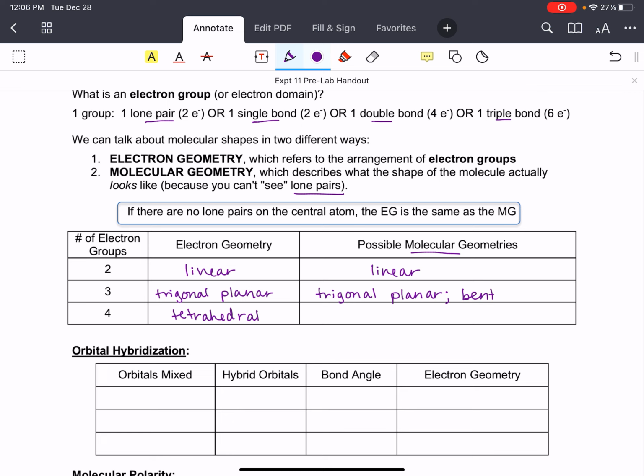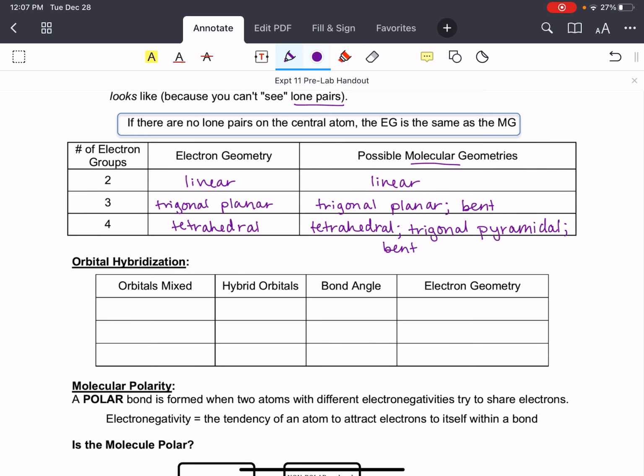When you have a tetrahedral electron geometry, the molecular geometries are tetrahedral, or if one of them is a lone pair, you can have trigonal pyramidal or trigonal pyramid. And if 2 are lone pairs, then you can have a bent molecular geometry.